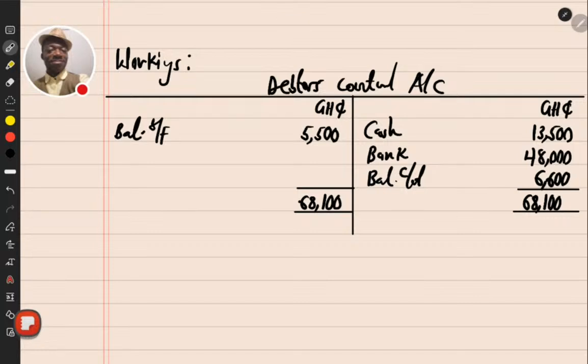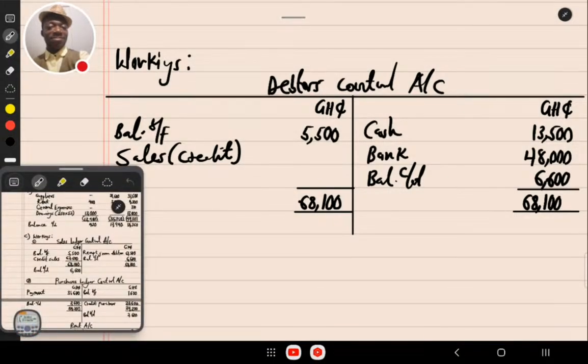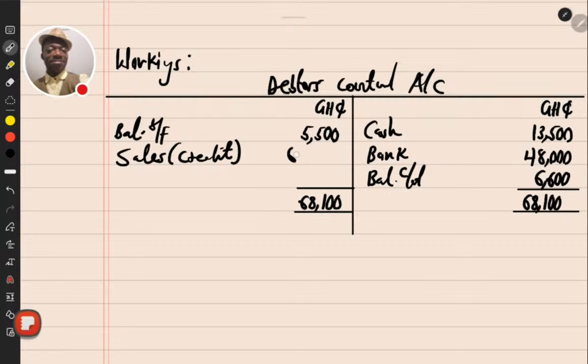We know that the credit side was 68,100, and the debit side is 5,500. So the difference is supposed to give us the credit sales. We'll call that sales, in bracket credit, so credit sales for the period. What are we getting generally here? I think it's supposed to get 62,600.